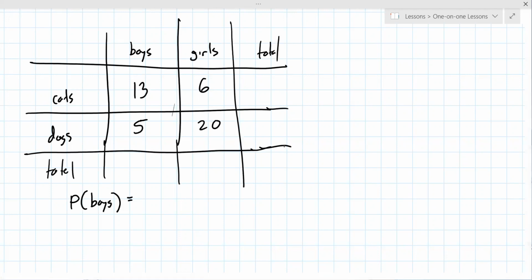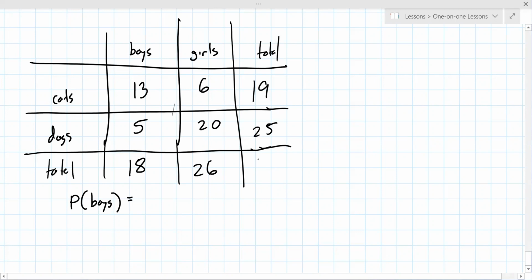Okay, so it's 13 out of 18 then? How many boys are there? What's the total here going down? 18. What about this total for girls? 26. And what about this way? 19, 25.